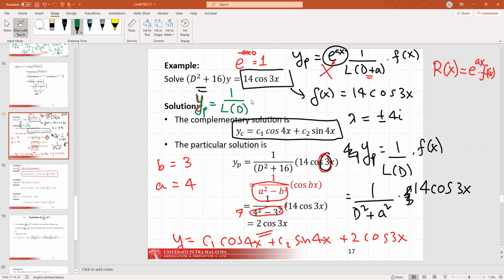Dia tak perlu tambah A darab dengan FX. Yang original, tanpa exponential, kita boleh terus kepada D kuasa 2 tambah 16. Sebab tu boleh kat sini. Dia sama juga dengan ni sebenarnya.